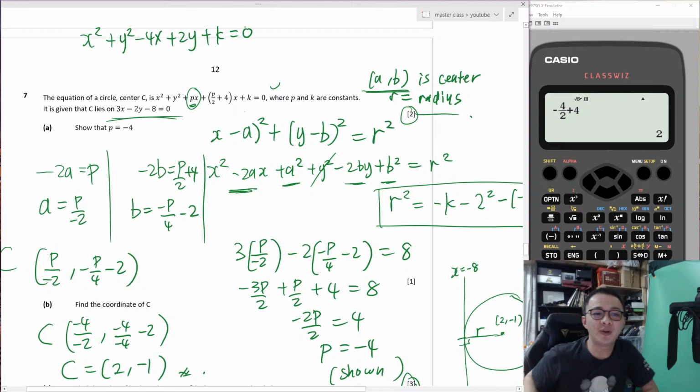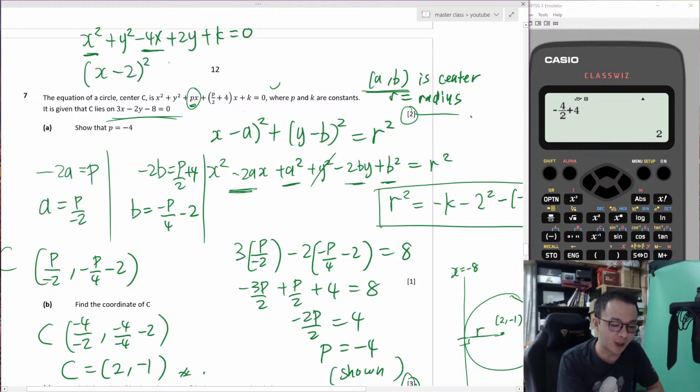Okay, so what we want to do here is we actually need to factorize this thing. So I want to complete a square here. You can see this is something like x minus 2 square.